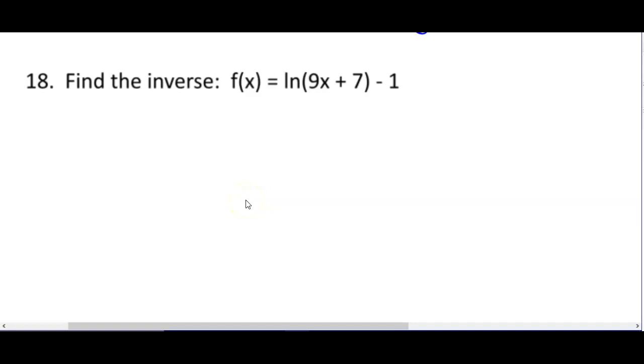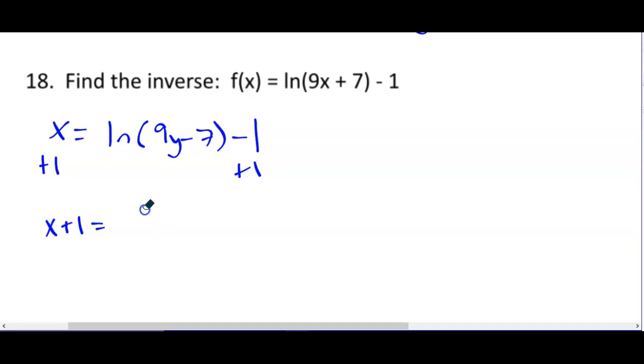Now, for number 18, it says find the inverse. So again, switch x and y. Like that. And so we're going to add 1. So now what you want to do is we need to get rid of the natural log. So we're going to apply e to both sides because that's the inverse of natural log.